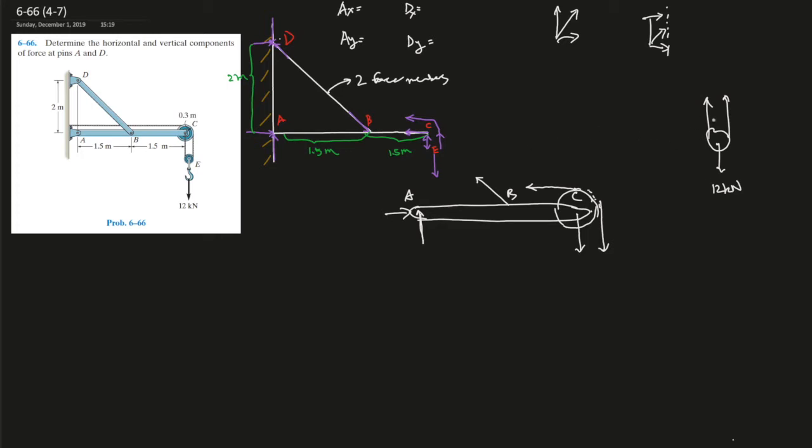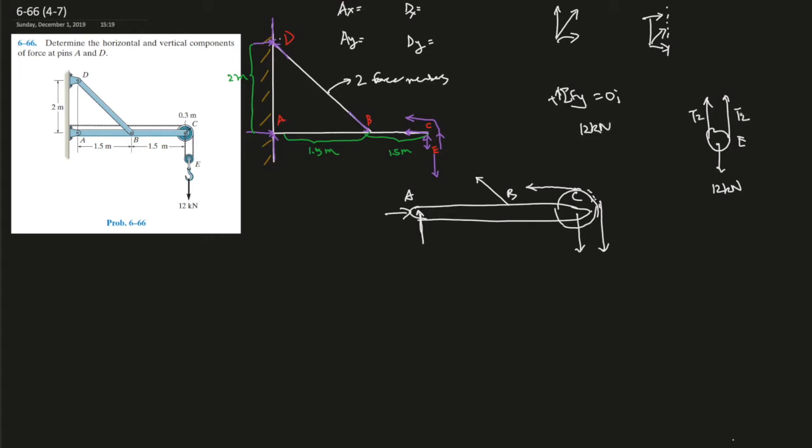So now let's solve for each part. Let's use the E over here first. E is pretty easy to find. So the sum of the forces in the Y direction, going up is positive, equals 0 for system E over here. So this is 12 kilonewtons, and let's call one of the tensions T2.